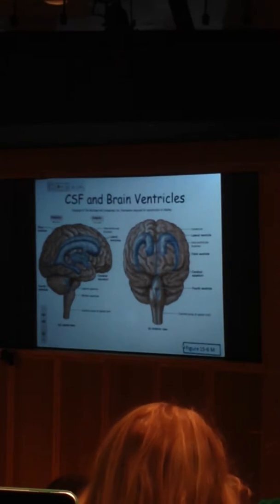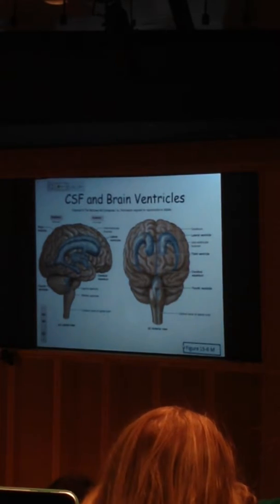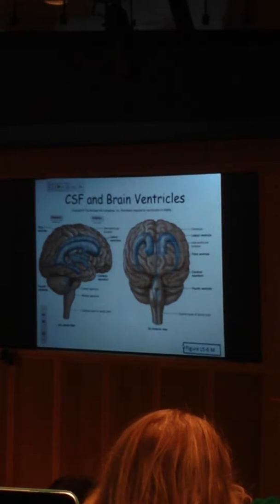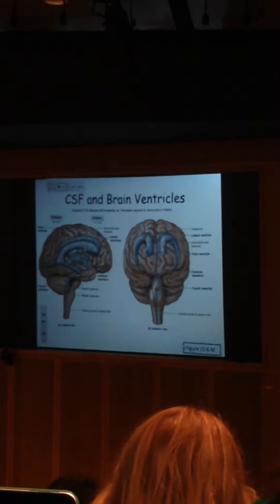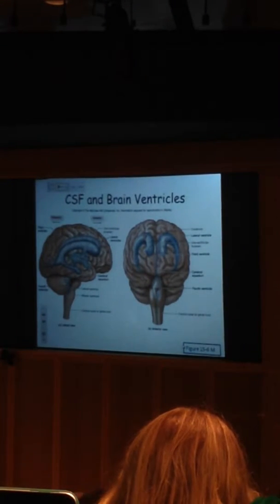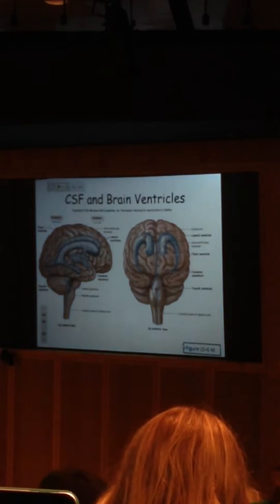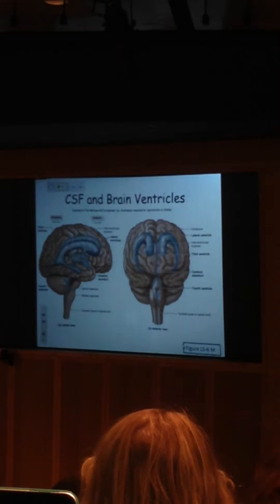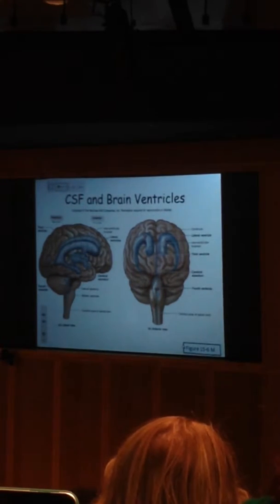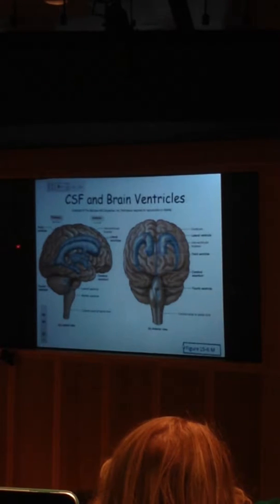So we see that there are two lateral ones, a paired set, enclosed by your cerebral cortex. Okay, so in the cerebrum are these two lateral ones. We call them the lateral ventricles. Sometimes people call them the first and the second ventricles. Both of these ventricles are connected to the third ventricle through the interventricular foramen.